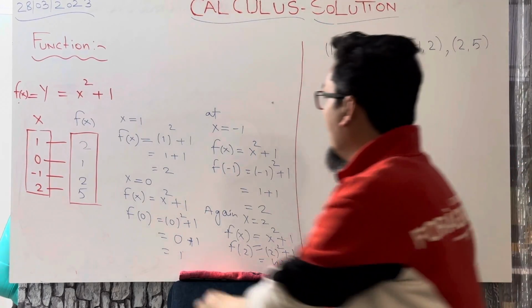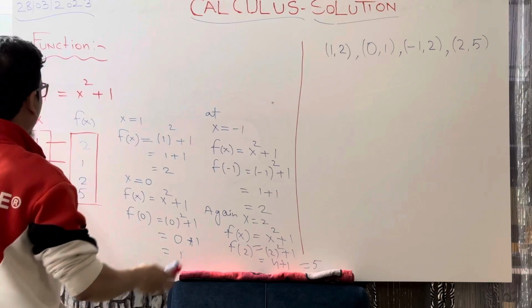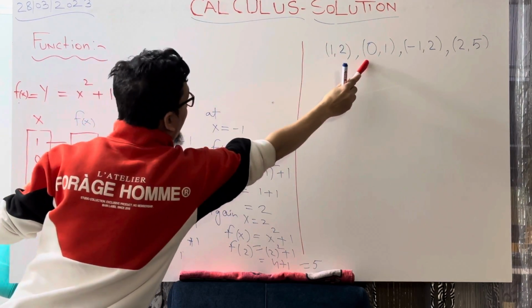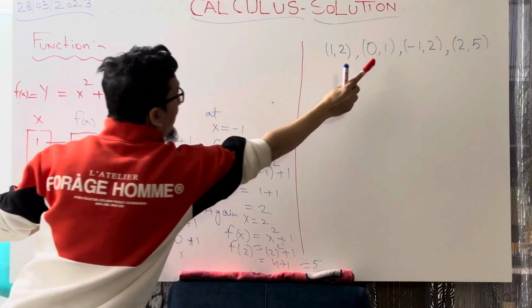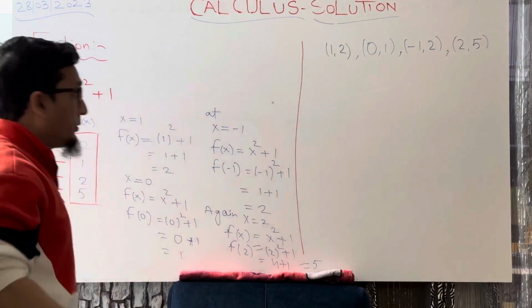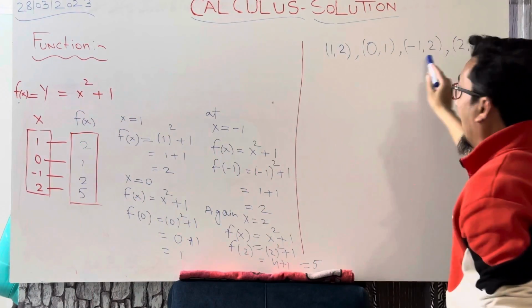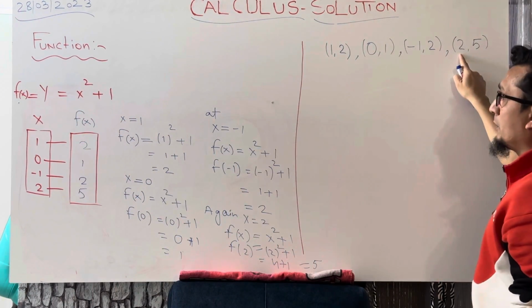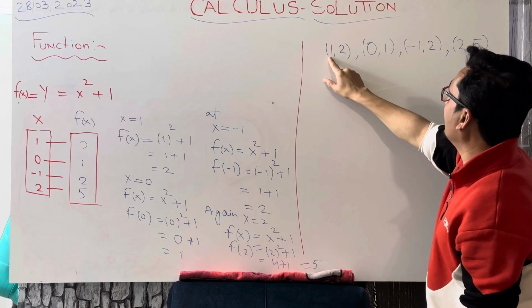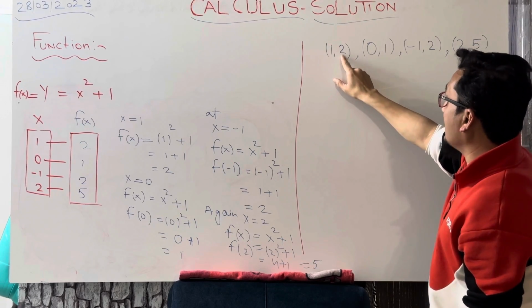So here, when x was 1, y is 2. When x was 0, y is 1. When x is equal to minus 1, y is equal to 2. And when x is equal to 2, y is equal to 5. Remember one thing, the first value is the value of x, and the other value is the value of y.